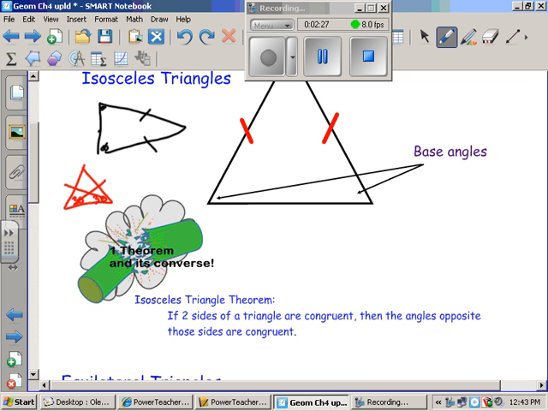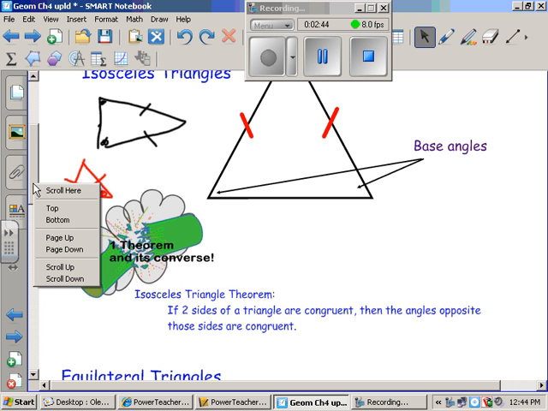So if these two angles are equal, then it is an isosceles triangle. Okay? Make sense? Yes? Okay. That's the isosceles triangle theorem. We've done that, right? It kind of sounds familiar.